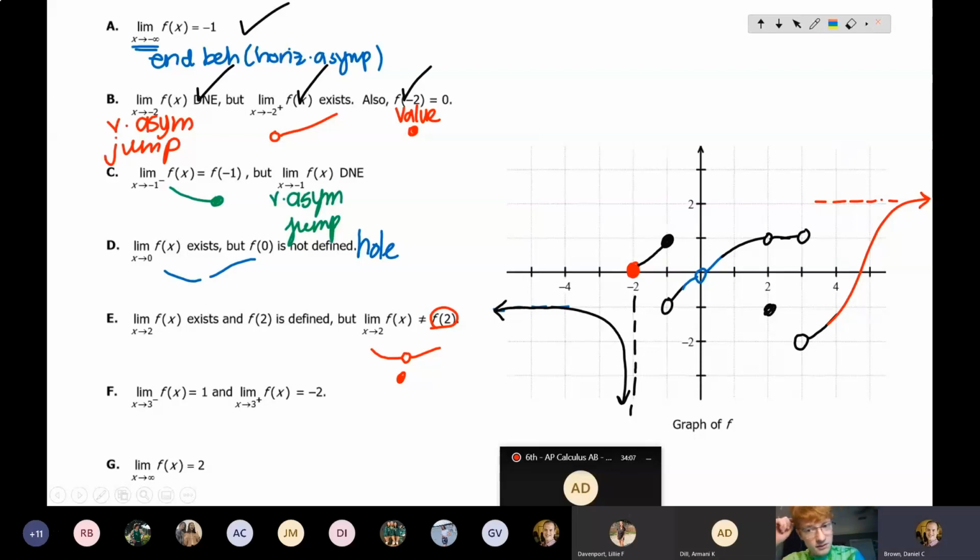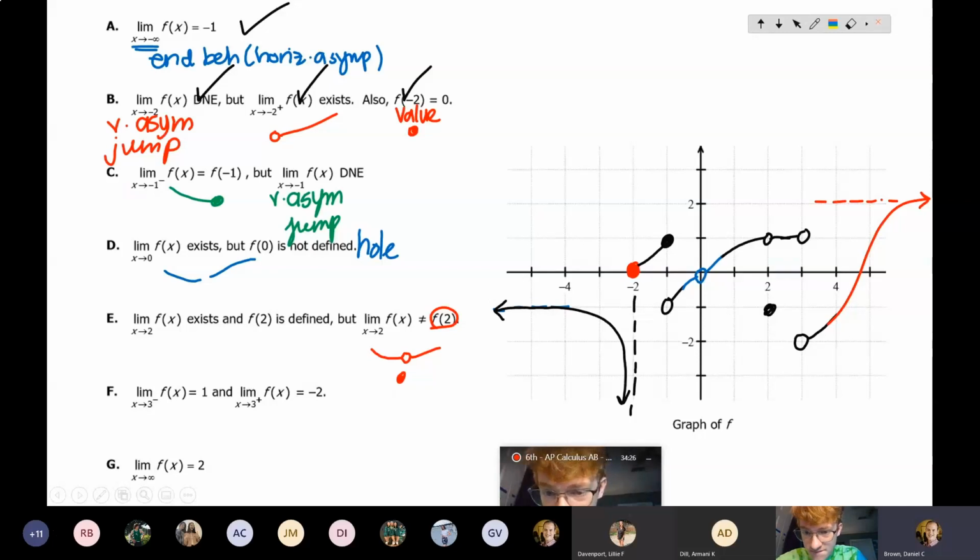Where did the limit from y equals 3 come from? Which one am I looking at? A, B, C, D, E, or G? That's my question. I don't know where it came from.